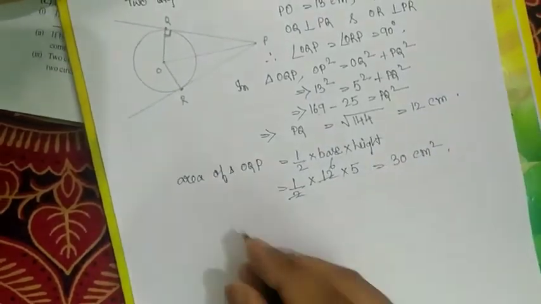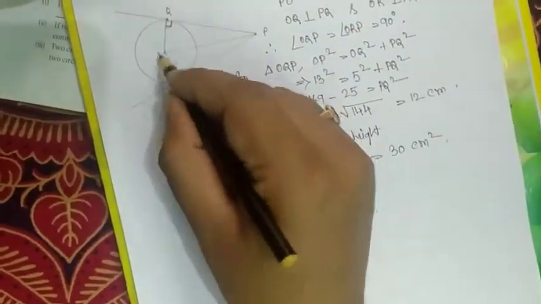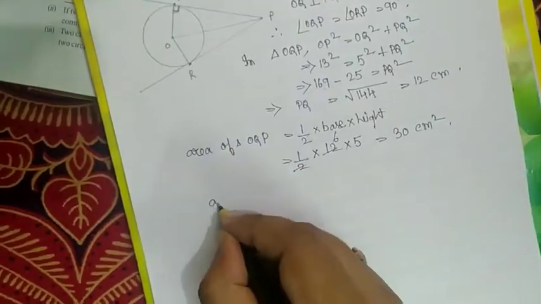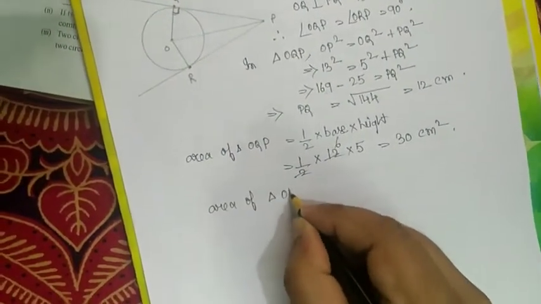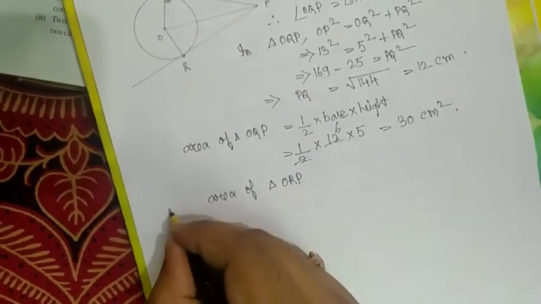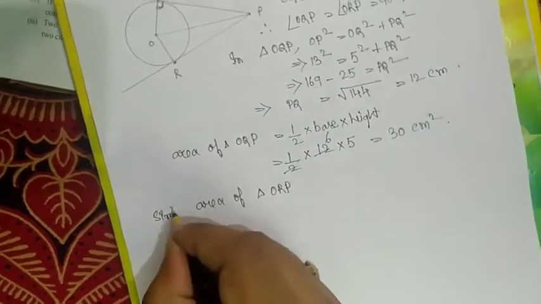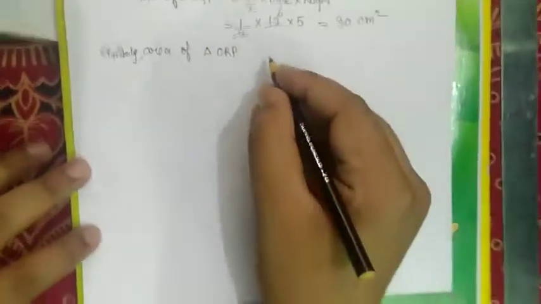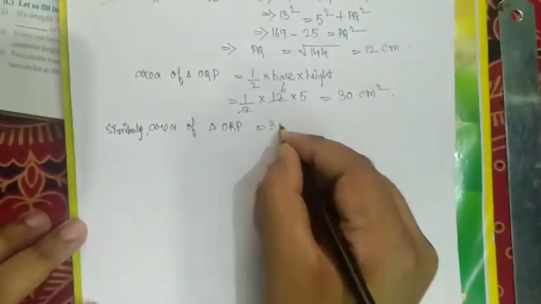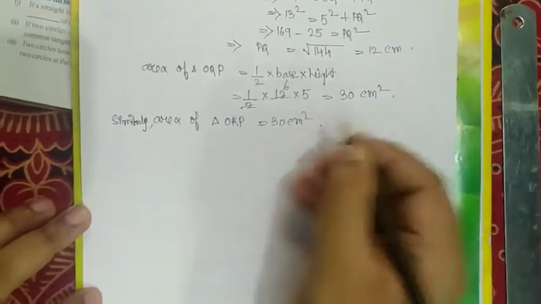So similarly, the area of triangle ORP, similarly we can say that the area of triangle ORP equals 30 centimeter square, same as the previous one.